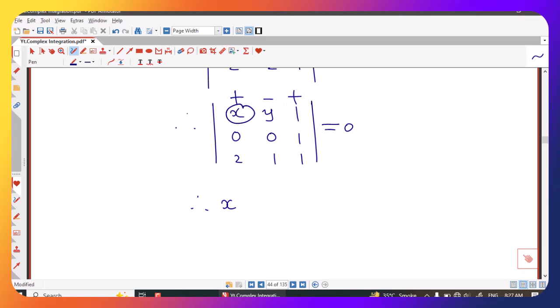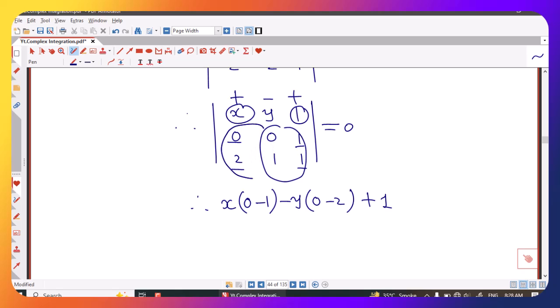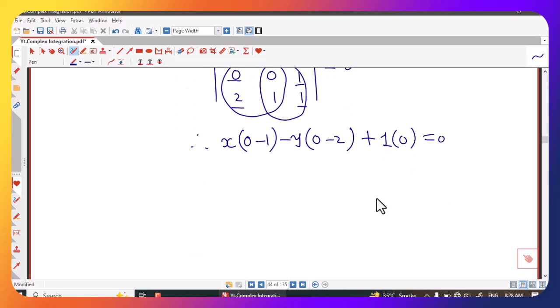Plus minus plus: x times the determinant of this 2 by 2 matrix, that is 0 into 1, which is 0, minus 1 into 1, then minus y times the determinant of these 4 entries, that is 0 minus 2, and plus 1 times the determinant of this, that is 0 minus 0, which is 0. Therefore the first term is going to be minus 1, so we have minus x. Here we will have minus 2 and minus 1, that will give me plus 2y, and this is 0.